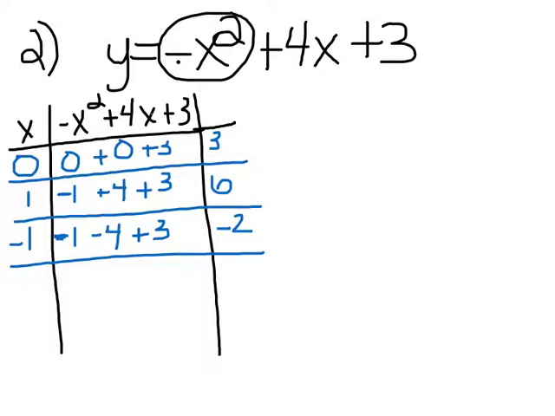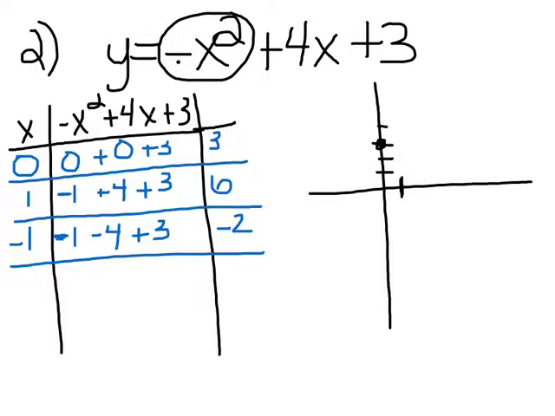Let's start graphing our quadratic equation now. We'll start at 0, 3. Now we'll go to 1, 6. So we're going over 1 and up 6. Now negative 1, negative 2.